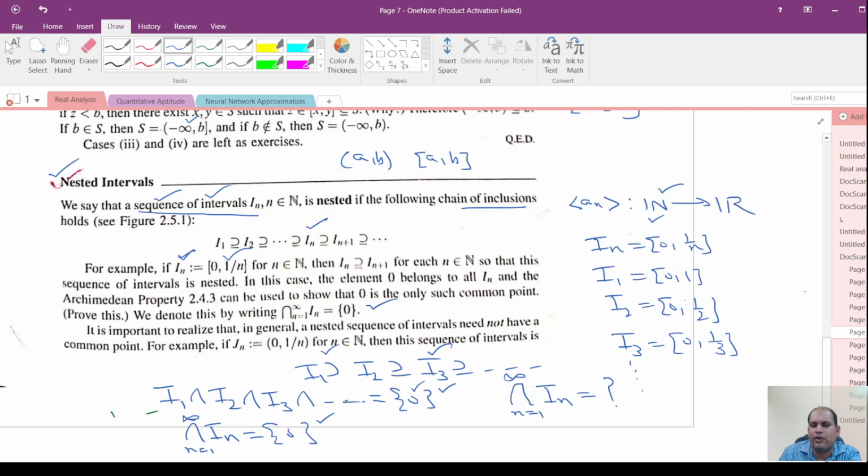This can be proved using the Archimedean property of real numbers: there is no other element greater than 0 which is common to each of the intervals. If we consider J n equal to the open interval 0 to 1 by n, then there is nesting, but there is no point which is common to all such intervals.